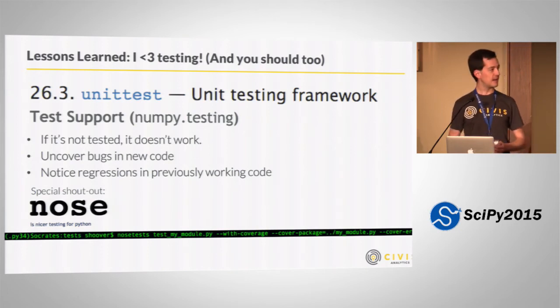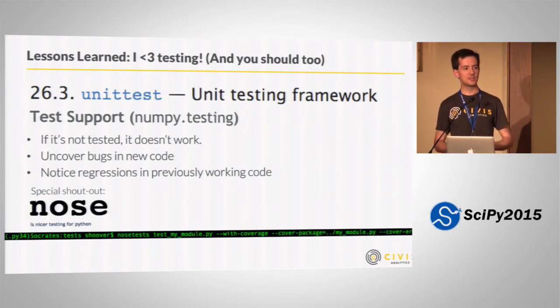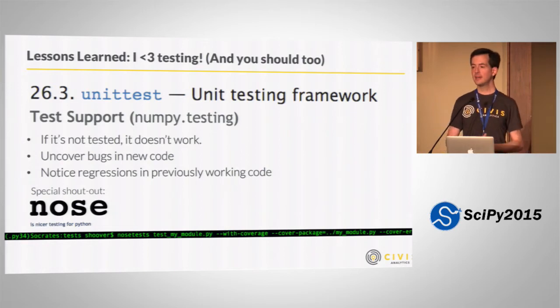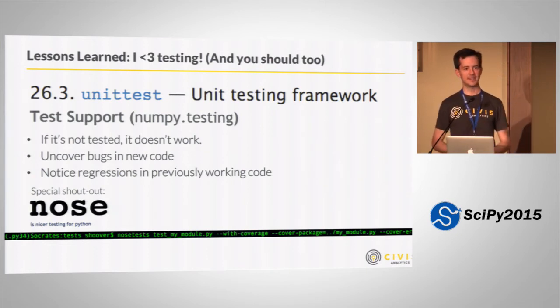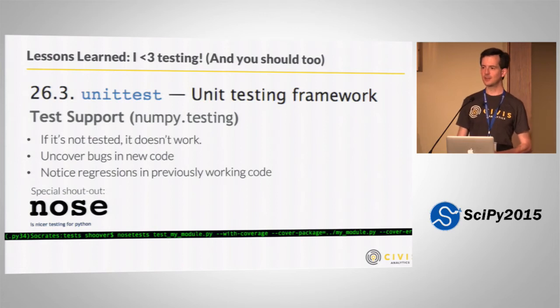In particular, there's a --with-coverage option when you're running from the command line, and I found that's very useful for figuring out, it will give you a report about which lines of code you've actually contacted in your tests. And just because you've used a line of code in your tests doesn't mean that it's working, but if you haven't used a line of code in your tests, it's probably broken. So you should expand your tests until you're covering everything that matters.